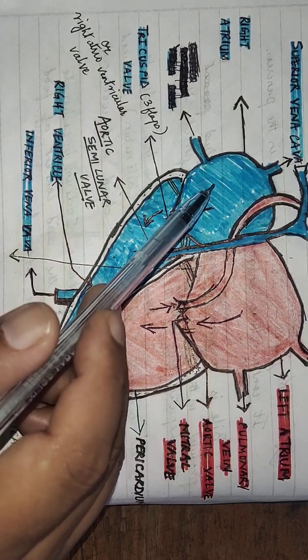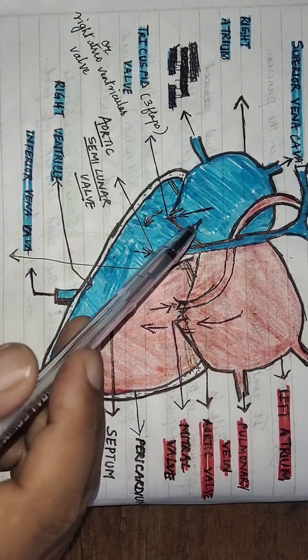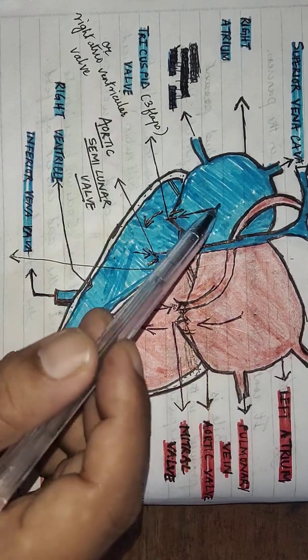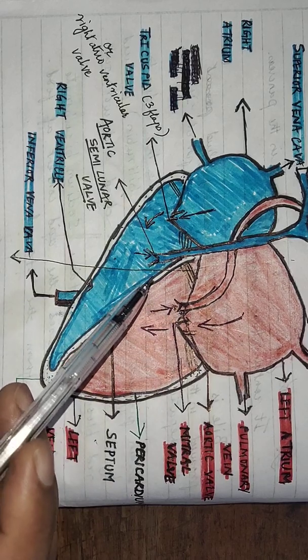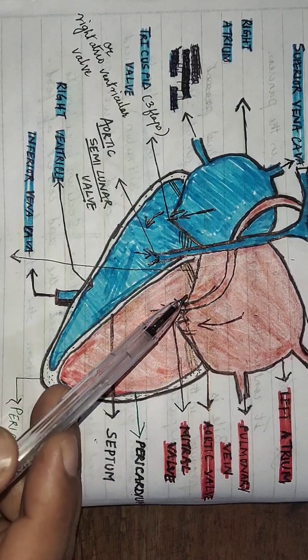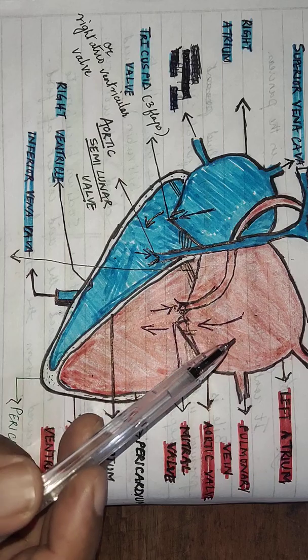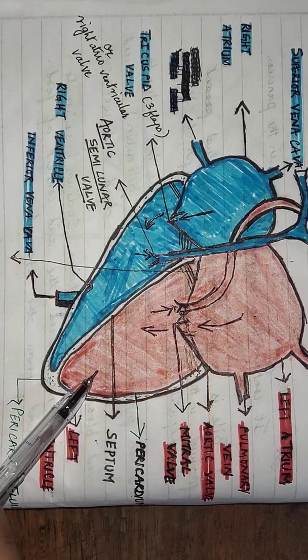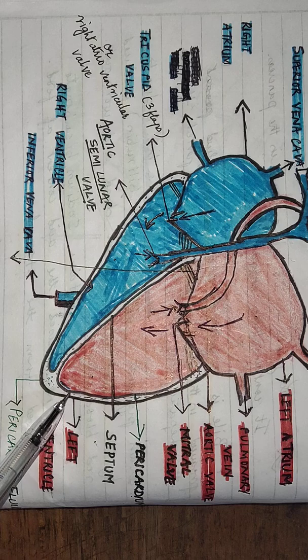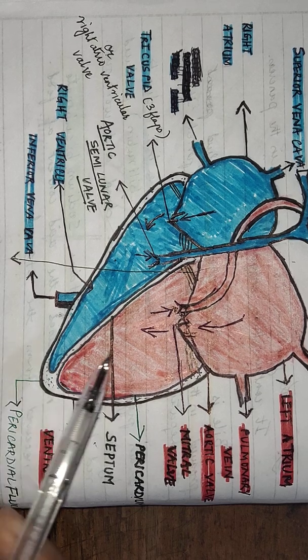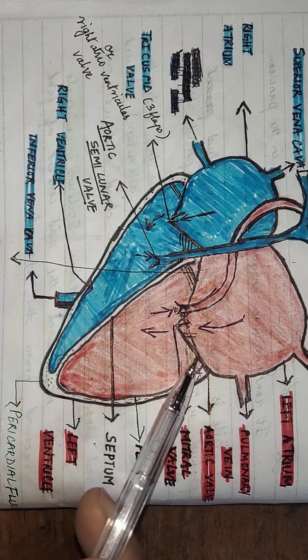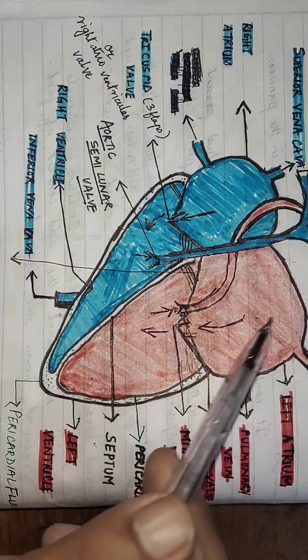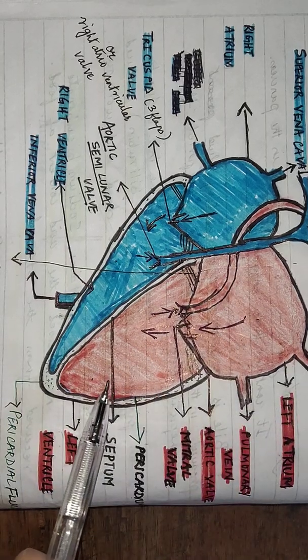The atria are smaller and thinner than the ventricles. Look at the blue one, it is a little smaller than the left ventricle. The left ventricle is thicker, and another name for its wall is myocardium, because the blood has to travel a great distance from here to the body through the left ventricle.